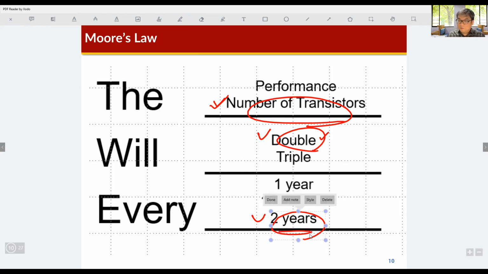And then this Moore's law was first developed or found by Gordon Moore, one of the Intel founders. So I said this is an empirical law or economic law.